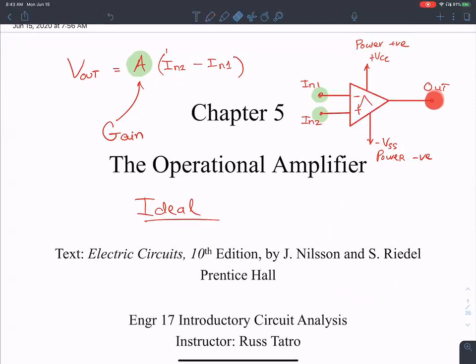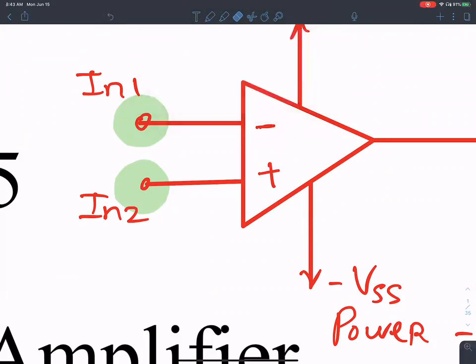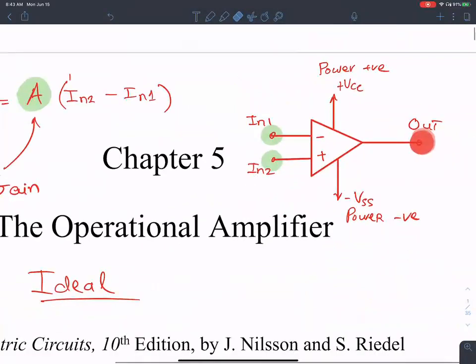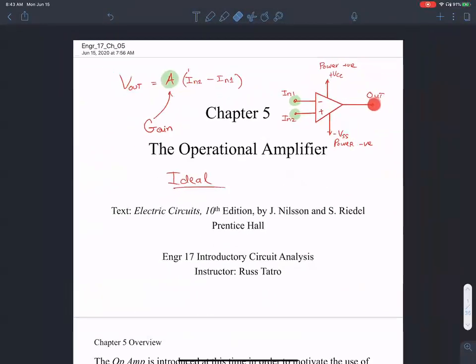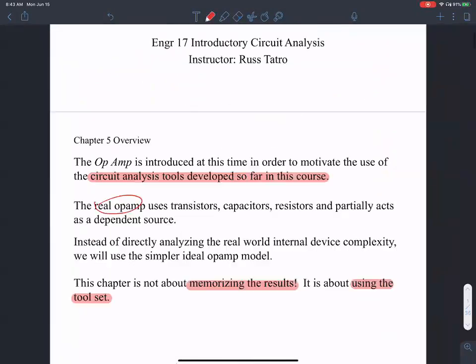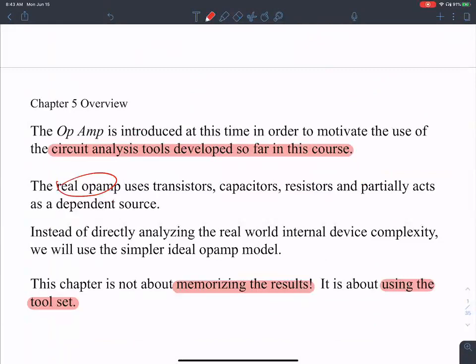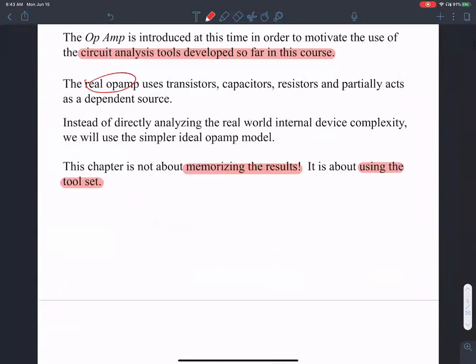For the purposes of this class, we'll consider the op-amp as a black box, a magic box that can do some interesting stuff with the inputs. That's all we care about, the terminal behavior: how the op-amp behaves at its terminals.